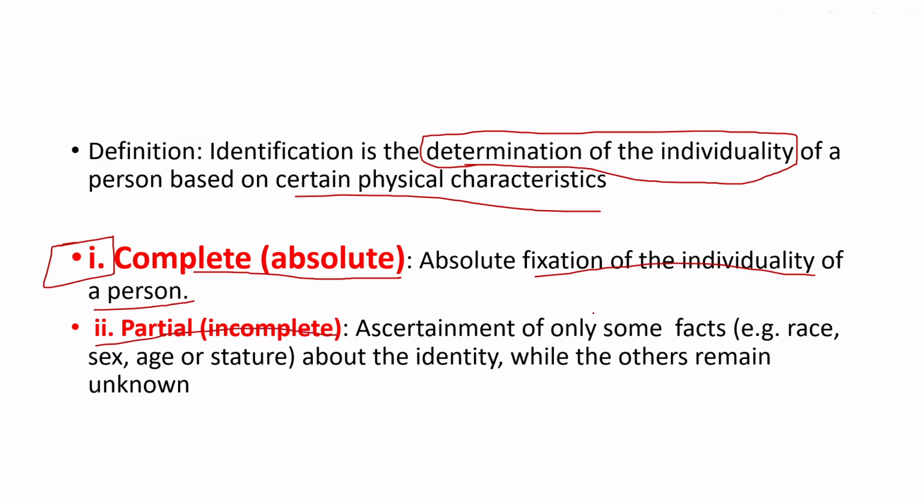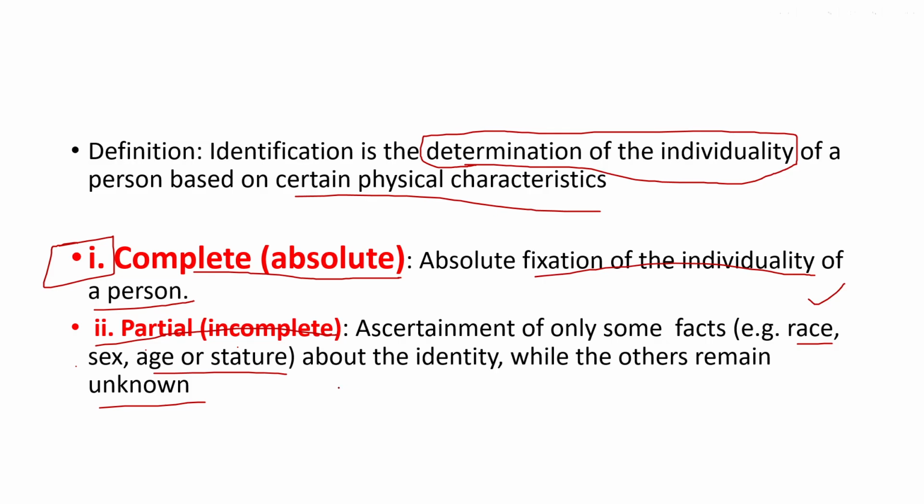Partial identification consists of some facts like race, sex, age, or stature through which one can know about the identification of a person. For example, we know about the race of the person, but we don't know about the sex or the age, and we do know about the stature.